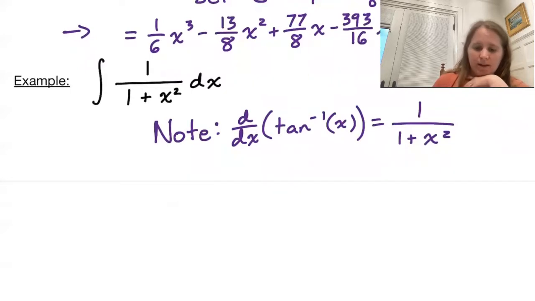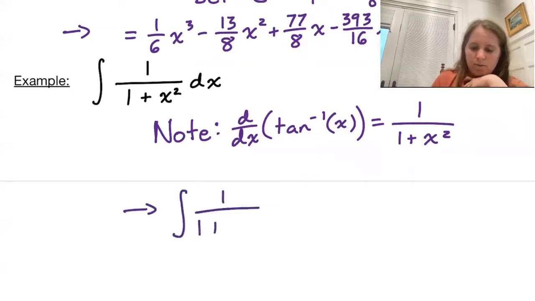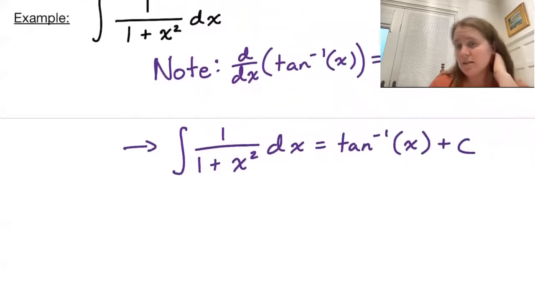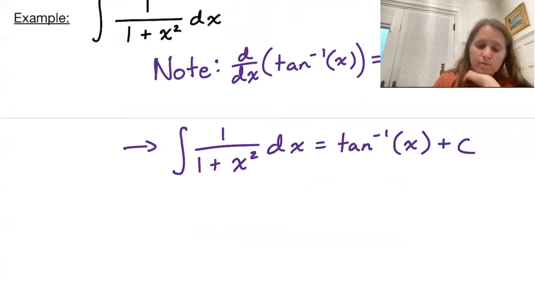Thus, the integral of 1 over 1 plus x squared dx is equal to tan inverse of x plus c. So this is a very special case of a rational function that happens to perfectly fit that tan inverse derivative.